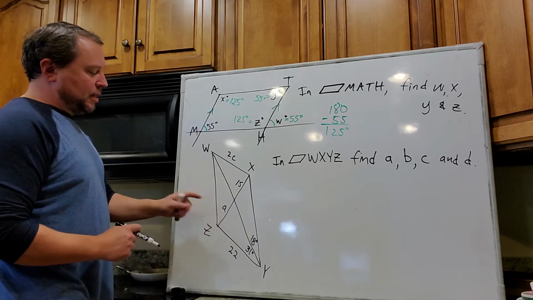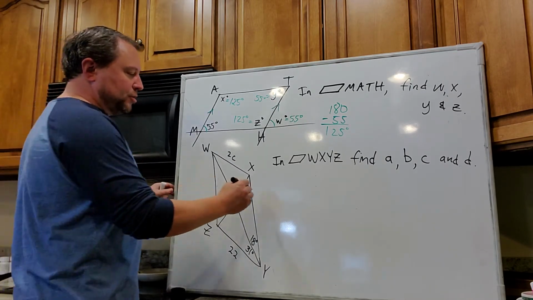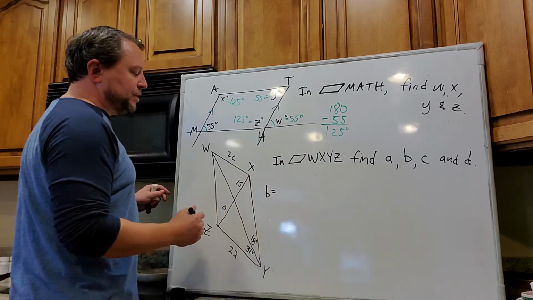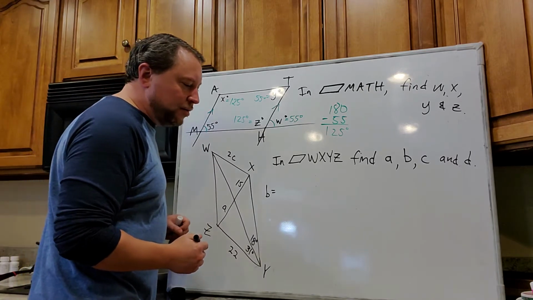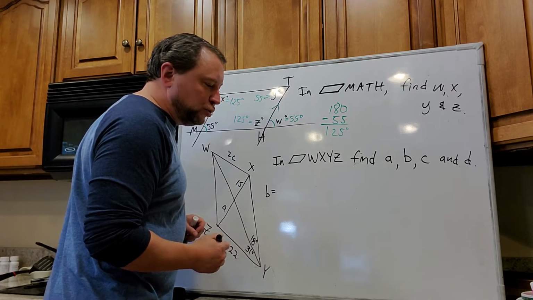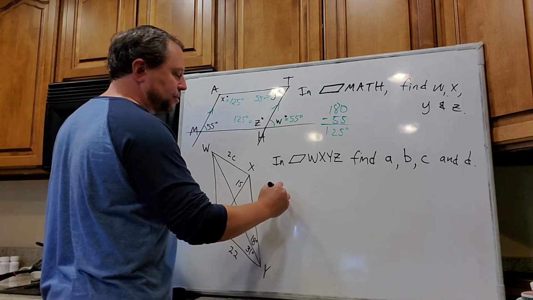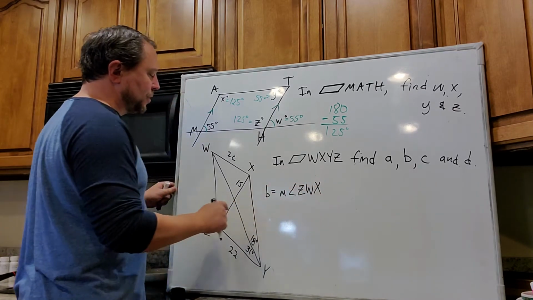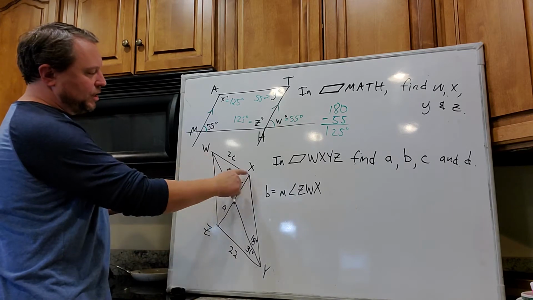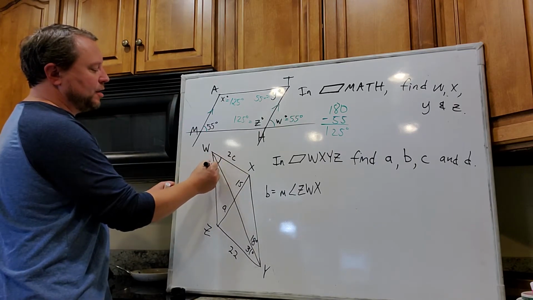So there's A. B in this picture is going to be represented by an angle. B is going to be the angle ZWX. So that's that entire angle there.